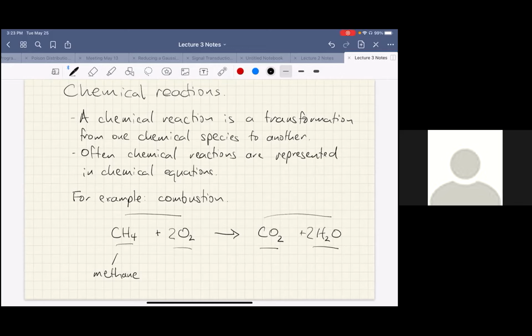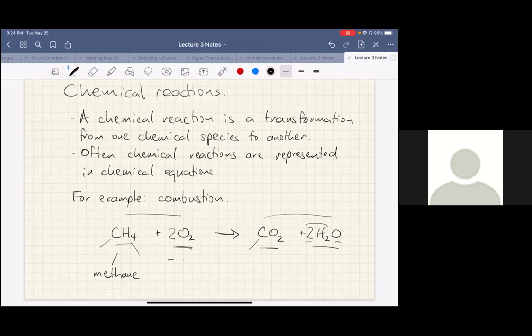In a chemical reaction, it's important to note that atoms are neither created nor destroyed. 1 carbon here, 1 carbon here, 4 hydrogens here. We have 2 times 2, which is 4 hydrogens over here. We have a total of 4 oxygens right here. And on the right, we have 2 oxygens in here, and 2 times 1 oxygen is another 2 over here. So it's 4 oxygens. So everything balances out.